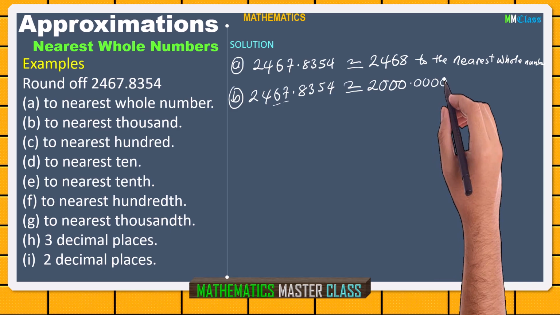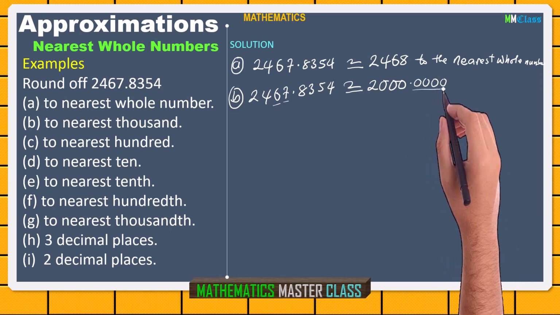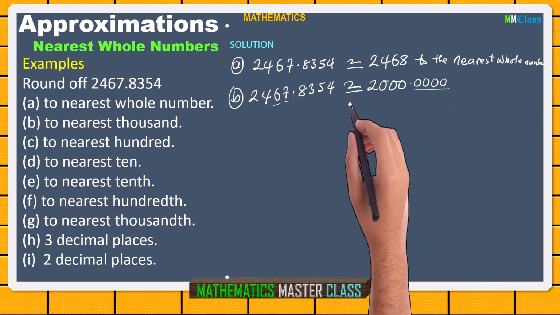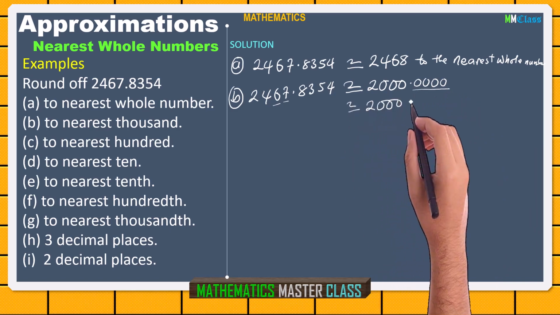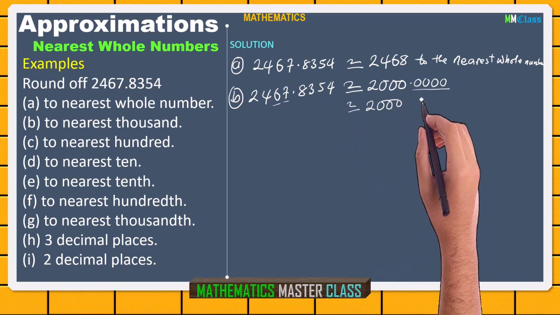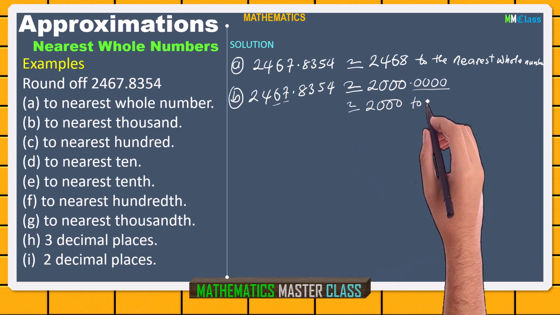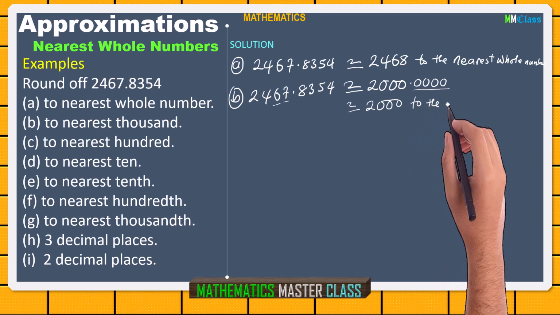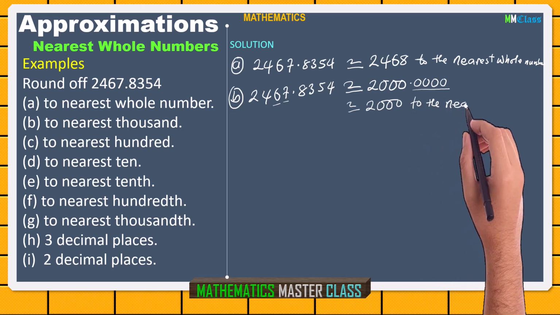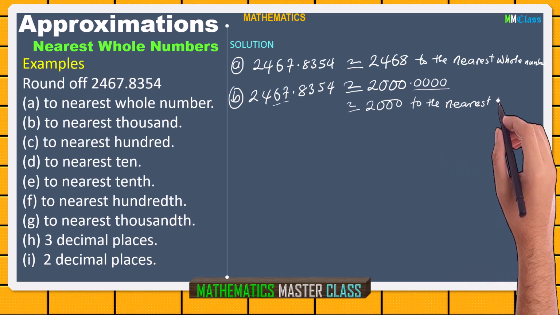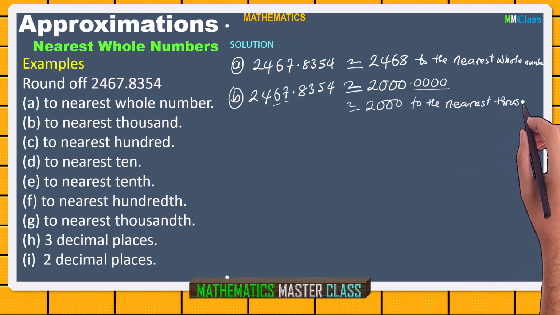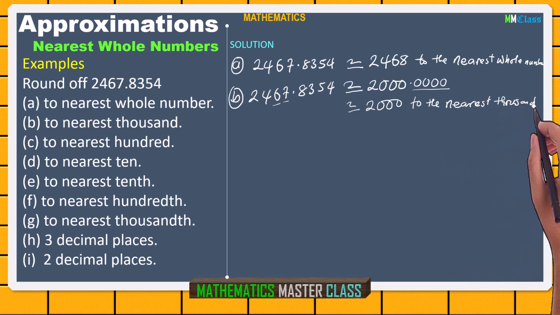Because these zeros are coming after the decimal point, we ignore them, so that our final answer will be 2000 to the nearest 1000. So that is the final answer.